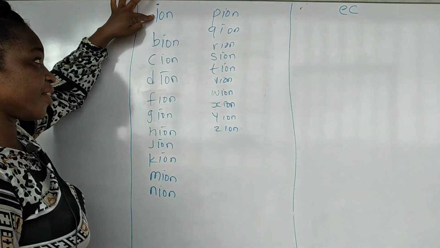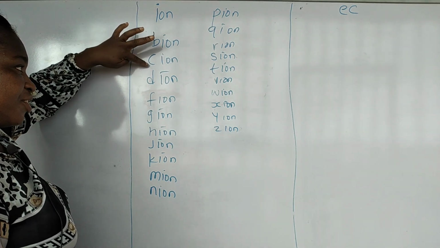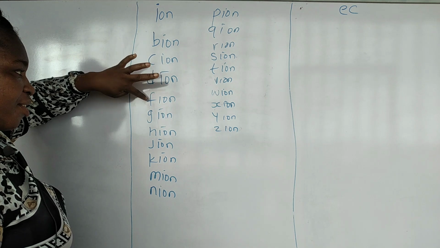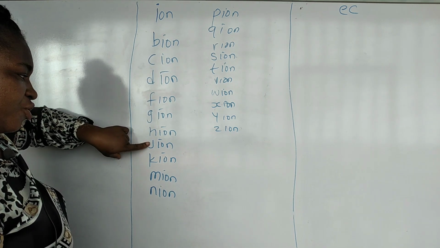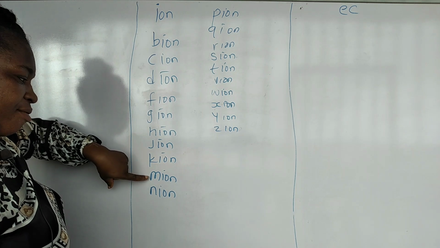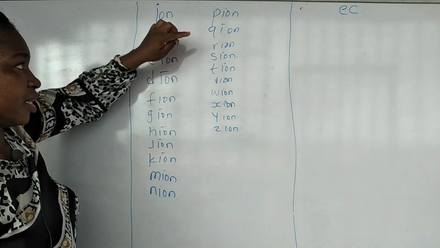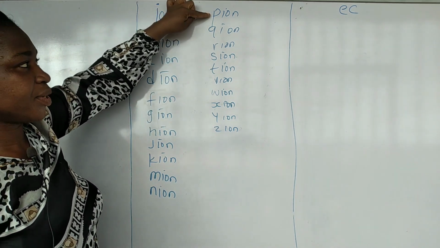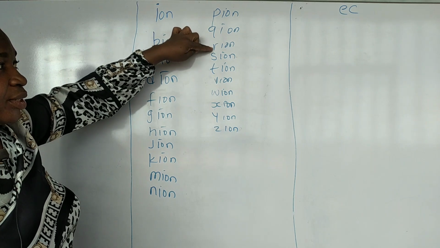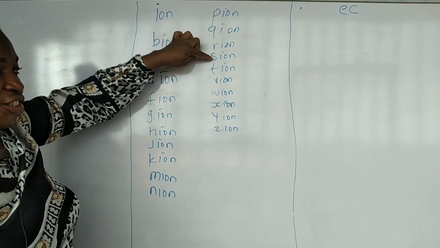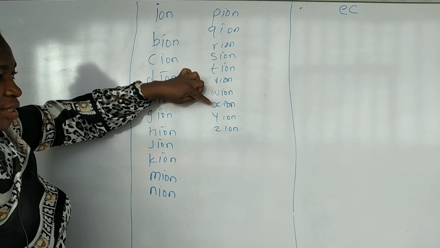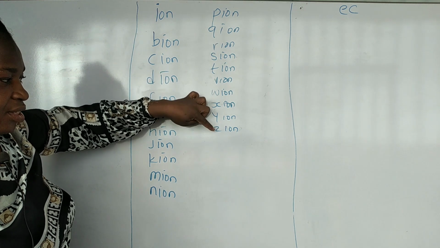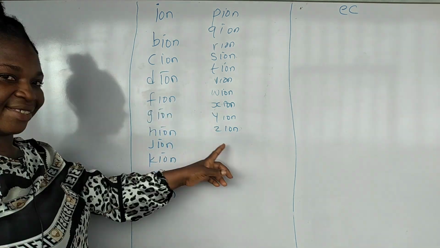We have the Eon, Bion, Sion, Dion, Fion, Gion, Hyun, Join, Kion, Myeon, Neon, Pion, Huion, Rion, Xian, Shin, Shin, Vion, Rion, Zion, Yeon, Zion, Zion.